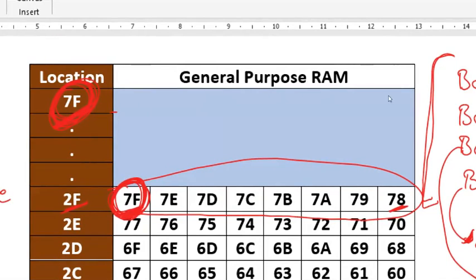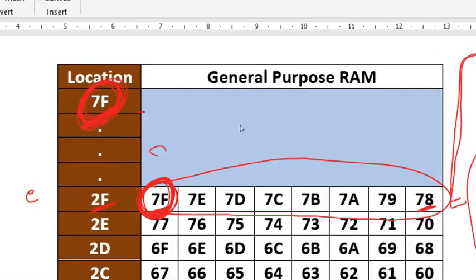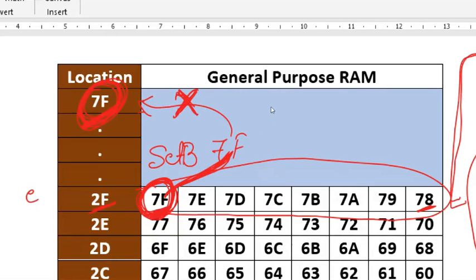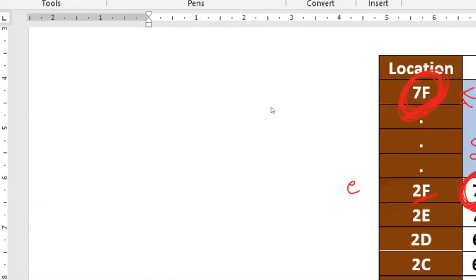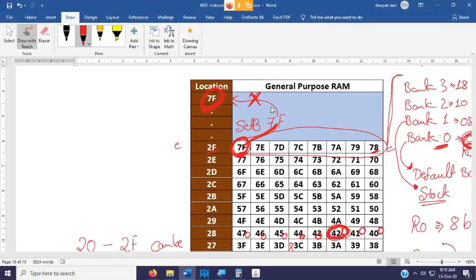This is a register, a complete register, whereas this 7F is a bit only. So when you say set bit 7F, you will be enabling this particular bit only. You are pointing at this particular address, not at this address. This is a bit more confusing, but if you practice 10 or 15 times, you will remember this thing.